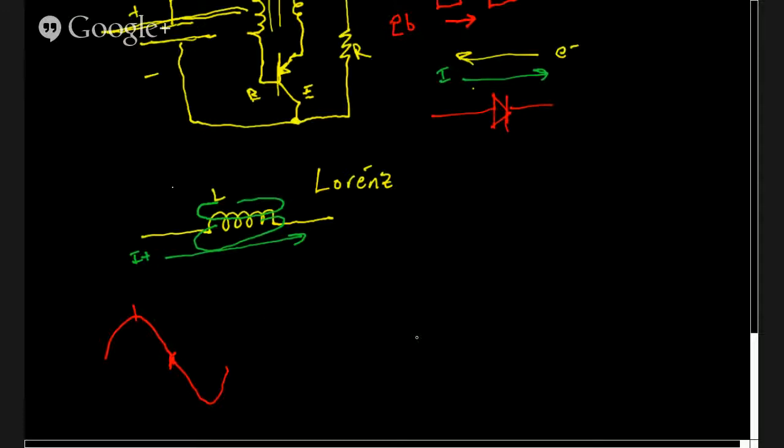Where was I going with this? So the way a transformer works is it couples this magnetic field. We have a ferrous metal connecting these two inductors. On this cycle, it'll set up a magnetic field.